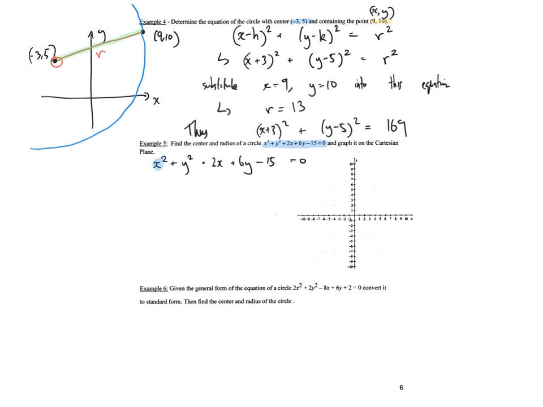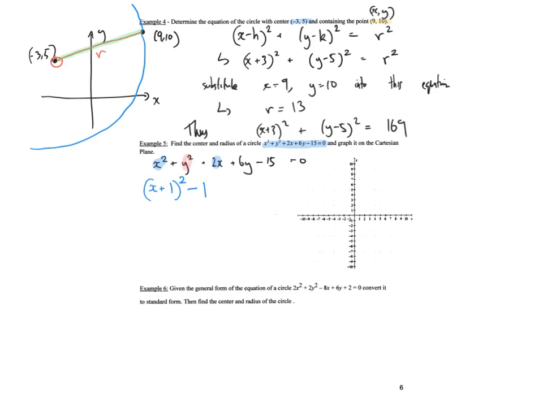We're going to complete the square with respect to x. So remember, we do x plus half the coefficient of x. So in this case, we're halving 2 to get 1. We're going to square everything and then subtract that 1.